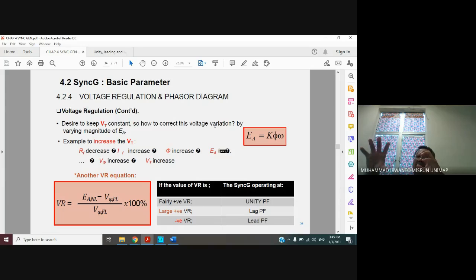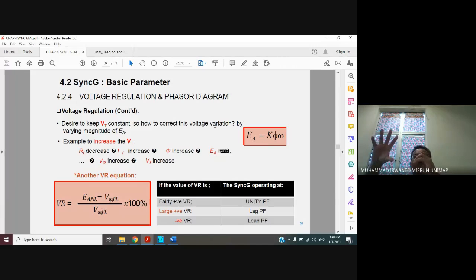But the synchronous generator should work at a stable voltage. If the terminal voltage is 13 kV and the load is higher, usually the terminal voltage of the generator will decrease.